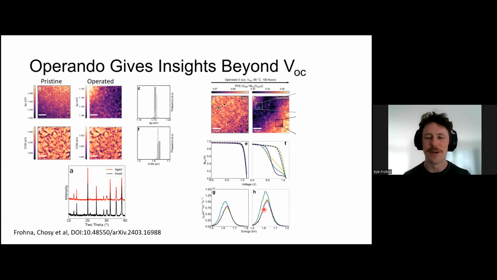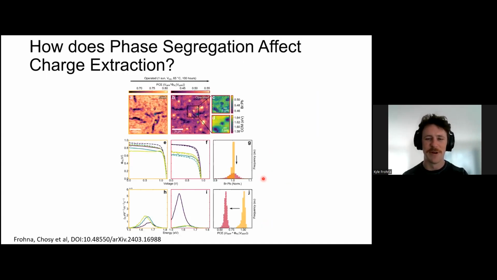In particular, we see really large changes in the local hysteresis of this device. And we think this is attributed to a big edge effect where you have lots of mobile ion concentrations moving in from the edge of the device. And so this is just a motivation for why sometimes we might want to characterize our devices beyond open circuit.